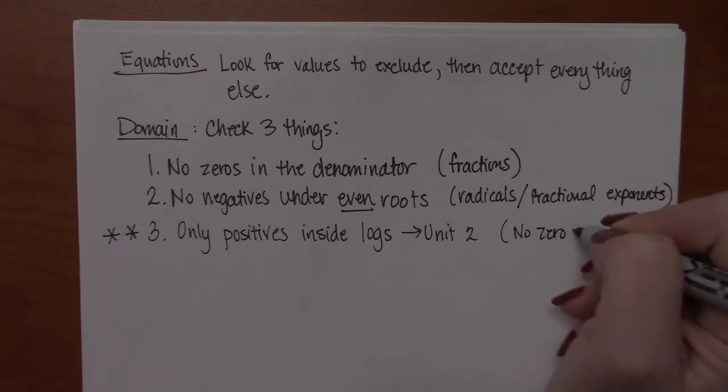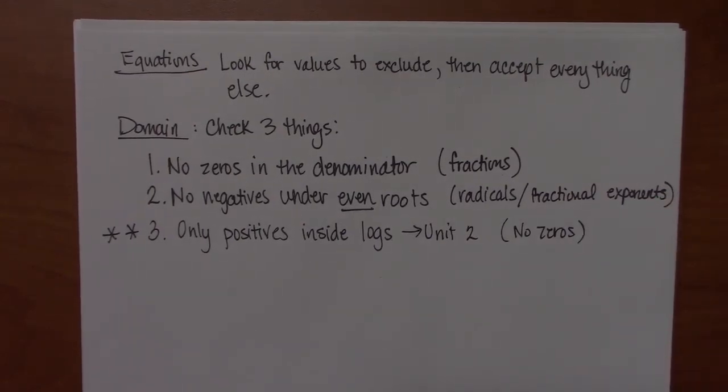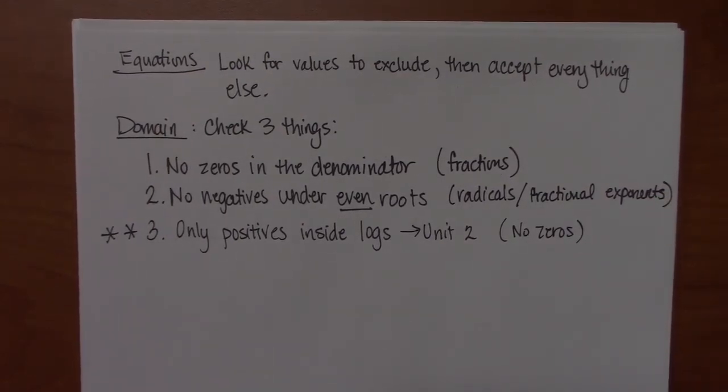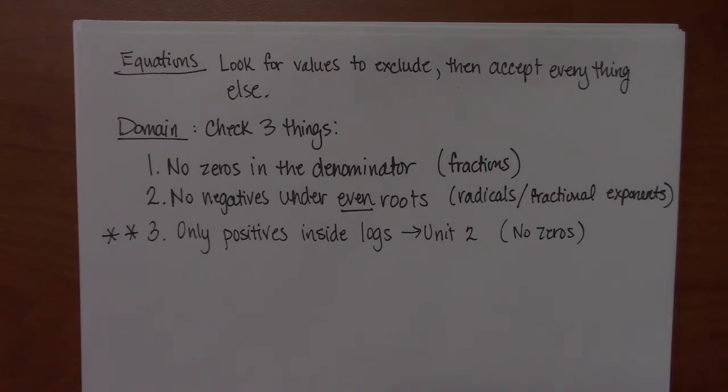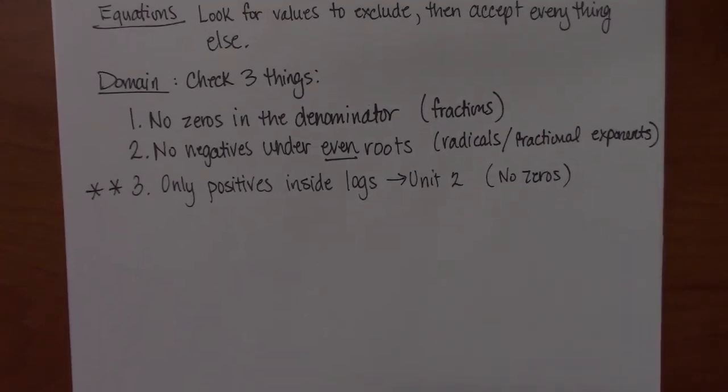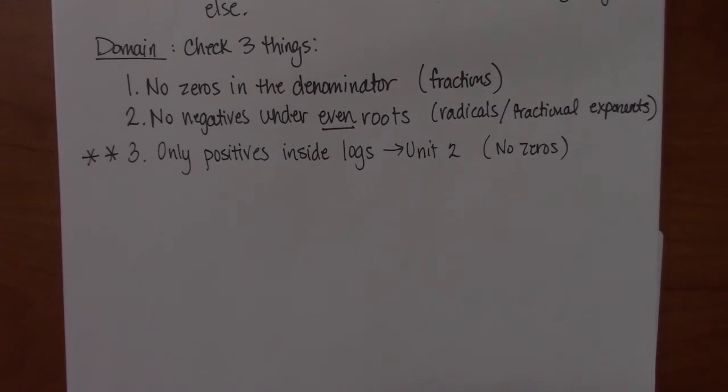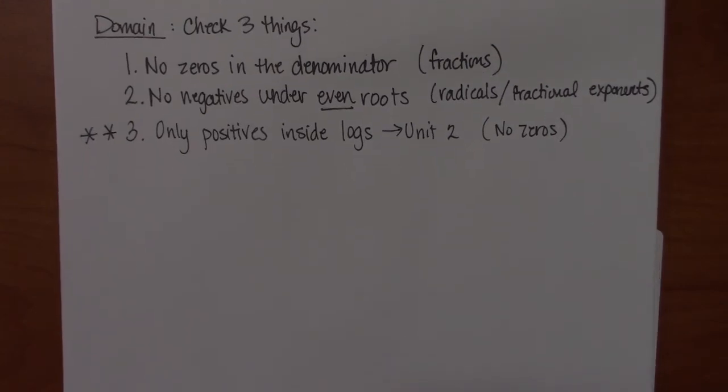So when I say only positives, remember on the number line, 0 is neutral. It is not positive or negative. So if we say only positive values, that means no negatives, no zeros. Okay? Because 0 is neither. All right, and remember that these rules can be combined. Okay? So let's look at an example.